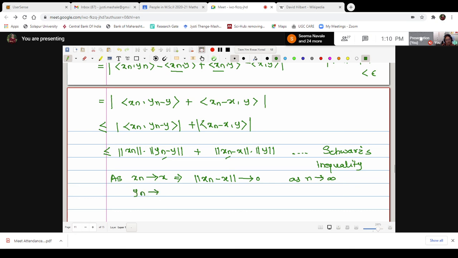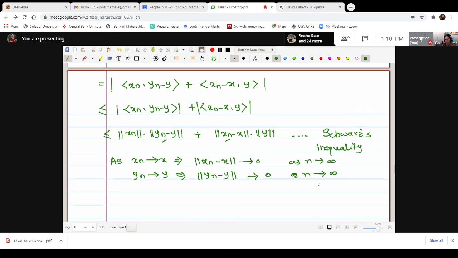Similarly, as yn tends to y, norm of yn minus y will tend to 0 as n tends to infinity. Okay. Therefore, this term tends to 0, multiplied by a fixed scalar will tend to 0. This is also multiplied by a fixed scalar. Therefore, it will tend to 0. Addition of two zeros will be 0.